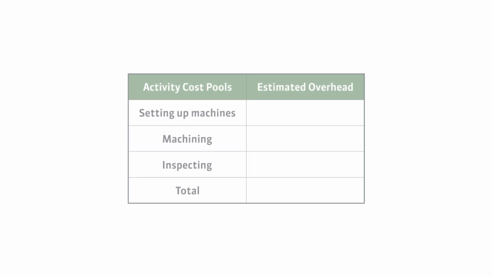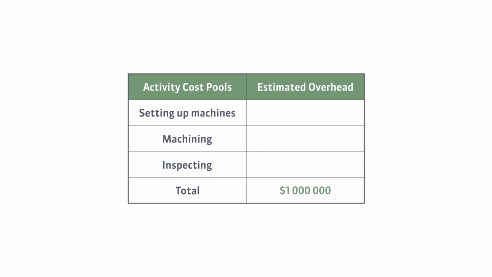On the screen, you can see 3 cost pools along with the estimated overhead allocated to each cost pool. As I mentioned before, expected annual manufacturing overhead cost is $1 million.